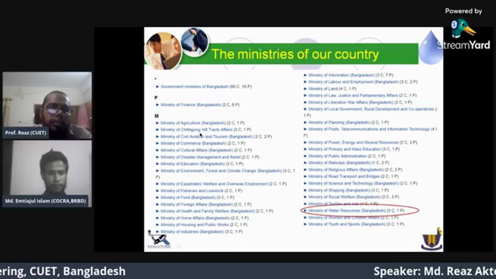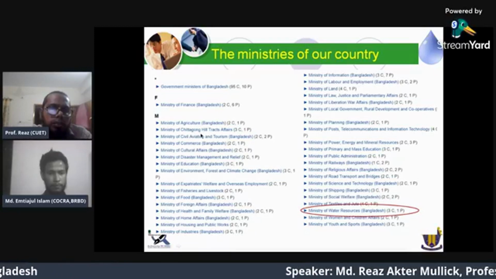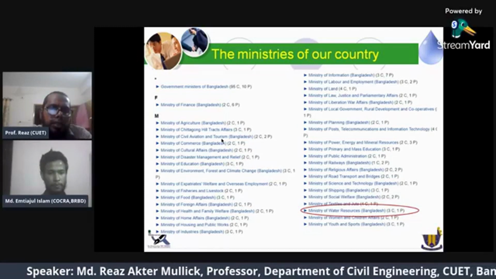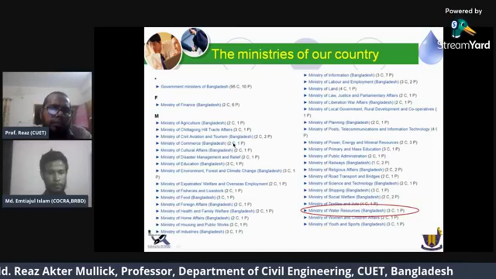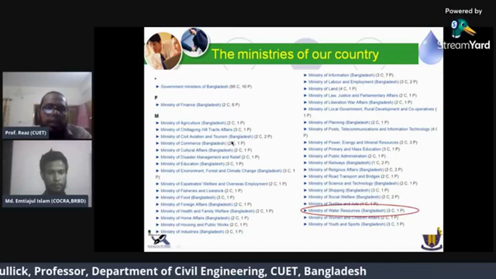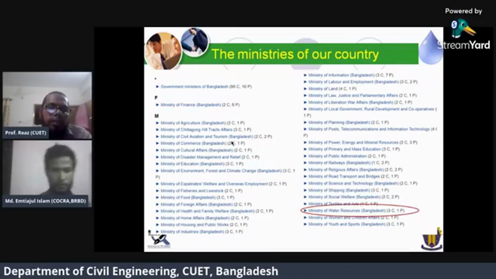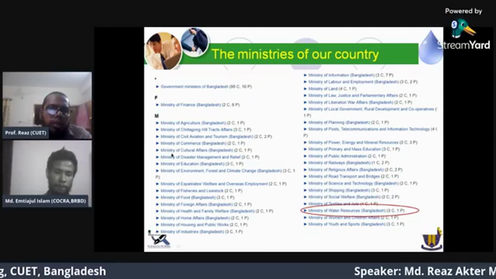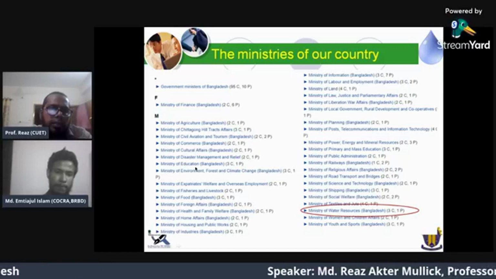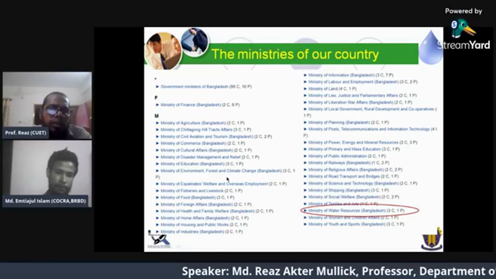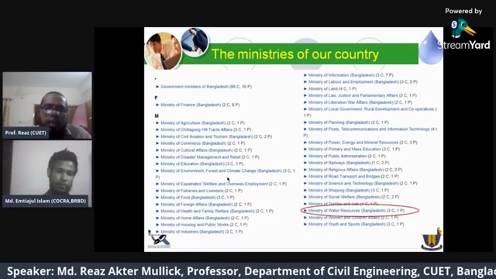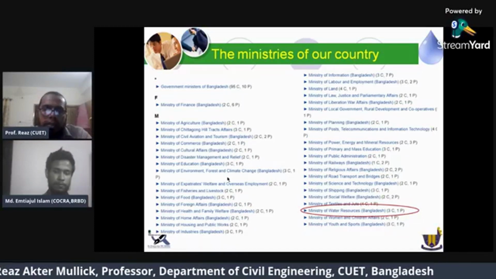Chittagong Hill Tracts is also related to water resources. Ministry of Tourism, tourism and water are directly interrelated. Where there is a water resource, the river, the lake, there is potential for the development of the tourism sector. Cultural affairs, disaster management, education, environment, almost every ministry is related to some extent to water resources.